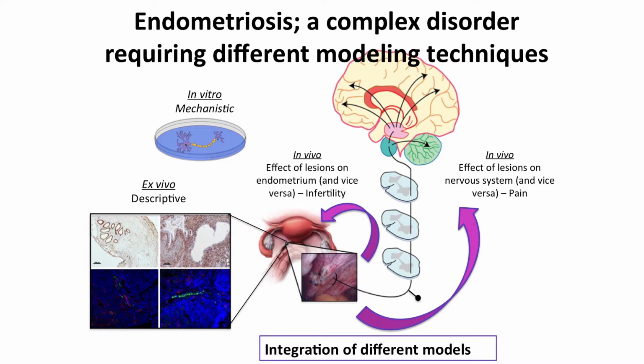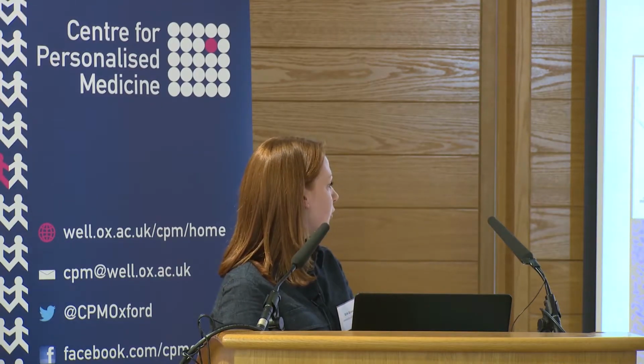So we're seeing a coordinated growth of blood vessels and nerve fibres, and this staining here is showing nerve fibres, and the red staining is CD68, so a marker of macrophages, showing that these nerve fibres and macrophages are in close association. And this could be indicative of neuroinflammatory interactions taking place within endometriosis lesions.